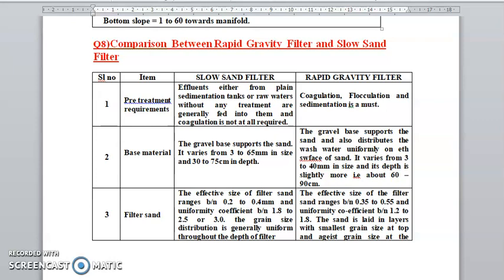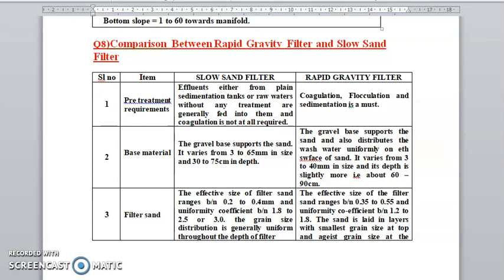Next comparison, base material. In the slow sand filter, the gravel base supports the sand. It varies from 3 to 65 mm in size and 30 to 75 centimeters in depth.